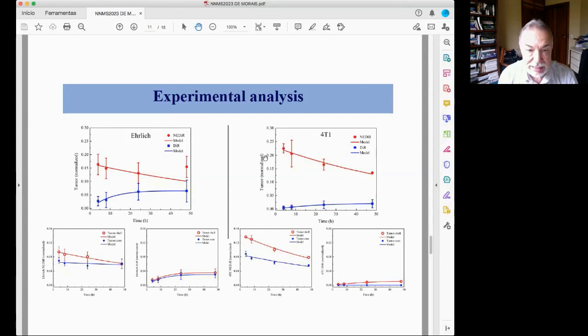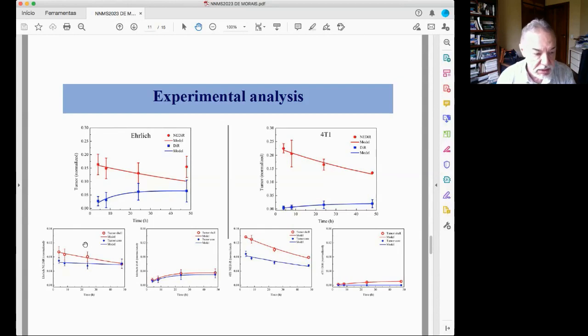Actually, the data that I show in the upper plots here are the data collected from the whole tumor, but we also analyzed the data recording the concentration in the shell part of the tumor and also in the core part of the tumor. And then, of course, each of these data can be split in the shell and the core.